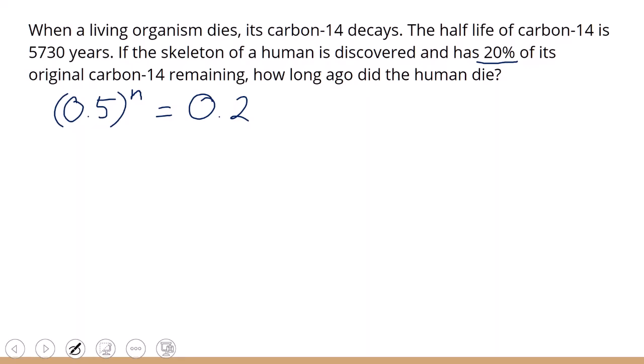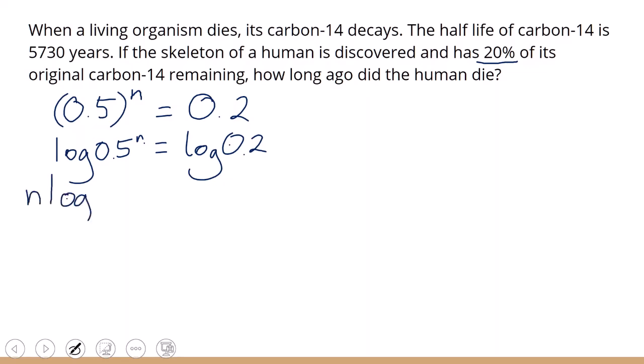So now, since there are powers, I'm going to find the logarithms of both sides. 0.5^n is equal to the log of 0.2. By the laws of logarithms, I can take this n to the front, and I still have log 0.2 on this side.